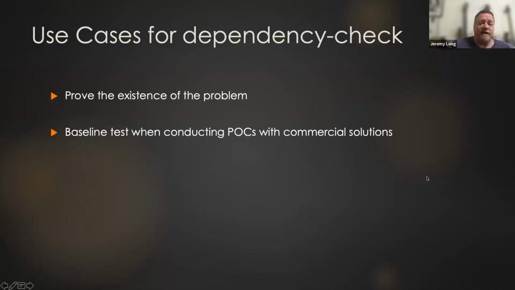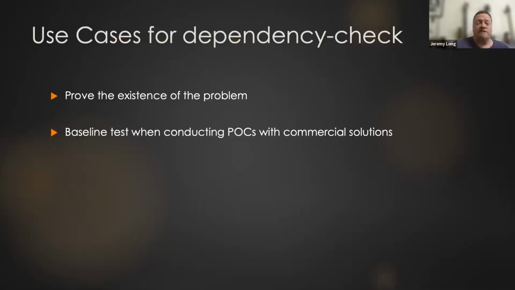Another one, I've seen people use dependency check as a baseline test when conducting POCs with some of the commercial products. As I mentioned, you might see some false positives, you might see some false negatives, depending on what technology stack you're using. I've seen bake-offs where dependency check was a fairly good head-to-head competitor.